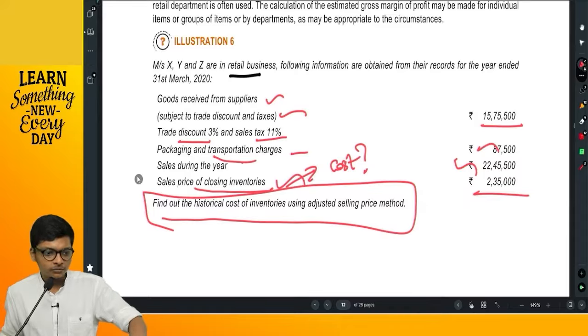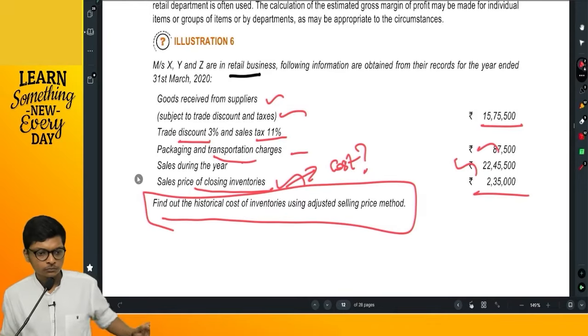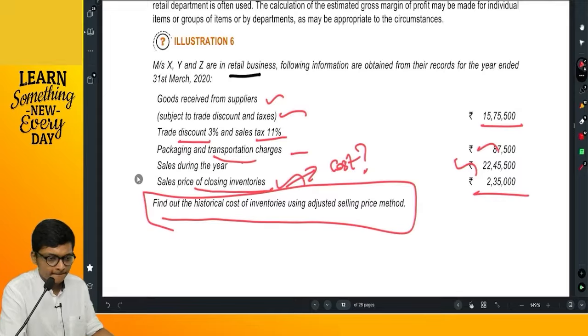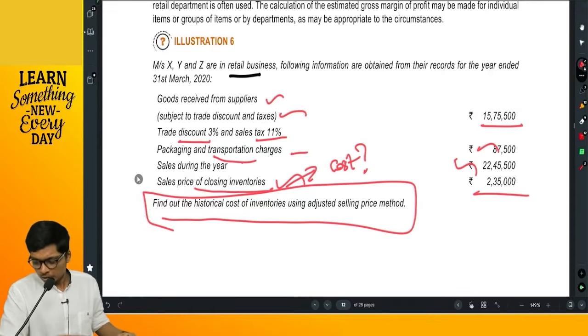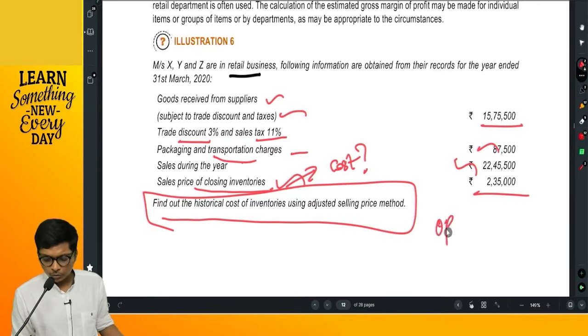You have to find it with the data available. Assumption is, assume opening stock to be 0. Just assume opening stock is 0.